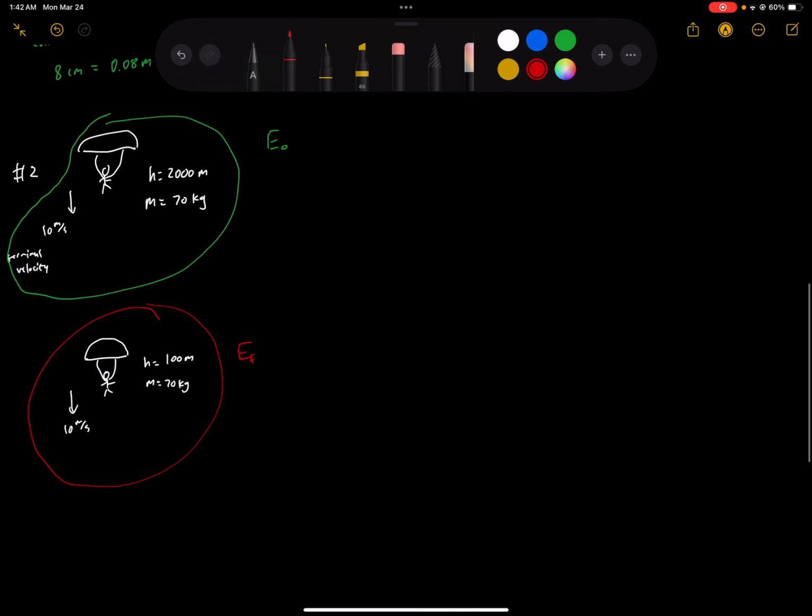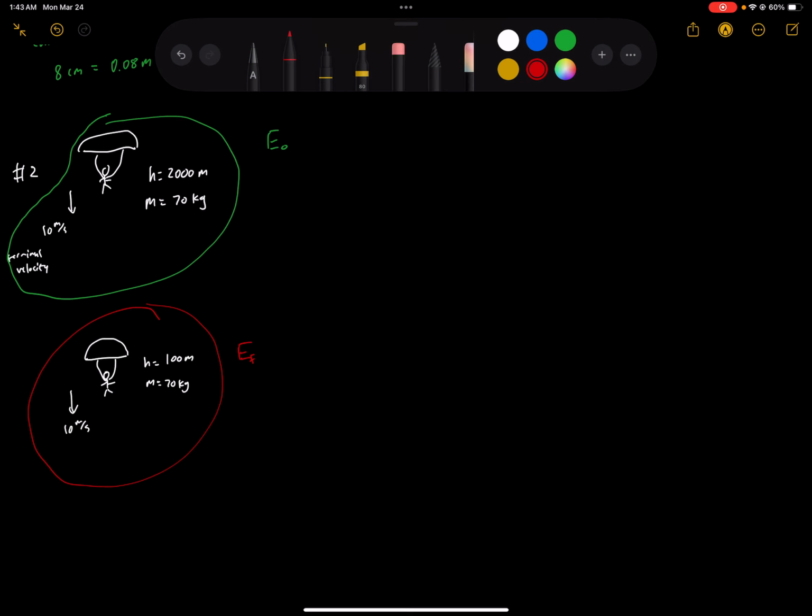One thing that's important to note is there's going to be work done by the air resistance. If you think about it, he's traveling at a velocity of 10 meters per second, so he has a certain amount of kinetic energy. At his final position, or at least the position we're analyzing, when he's 100 meters above the ground, he's lost a lot of potential energy, but he still has the same amount of kinetic energy.